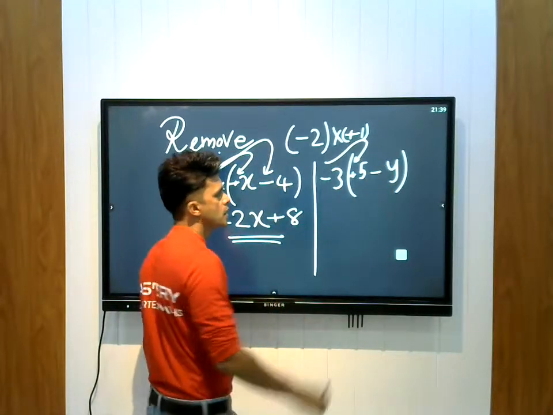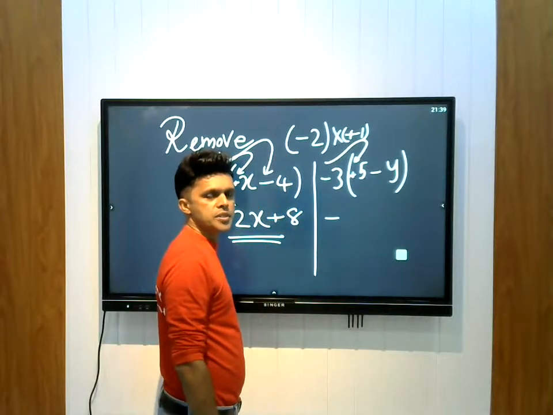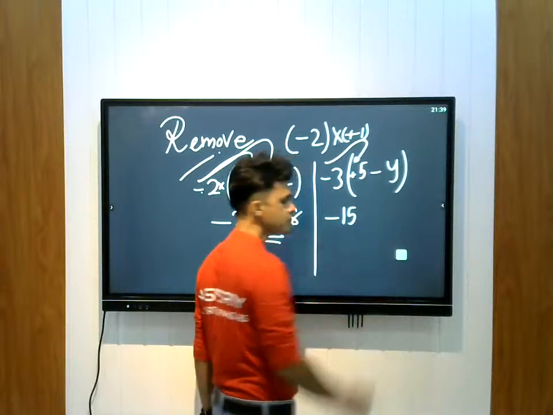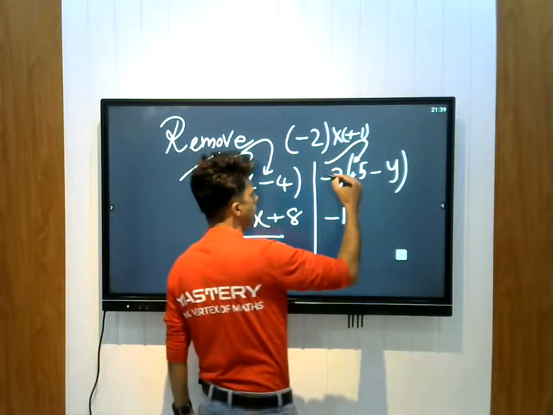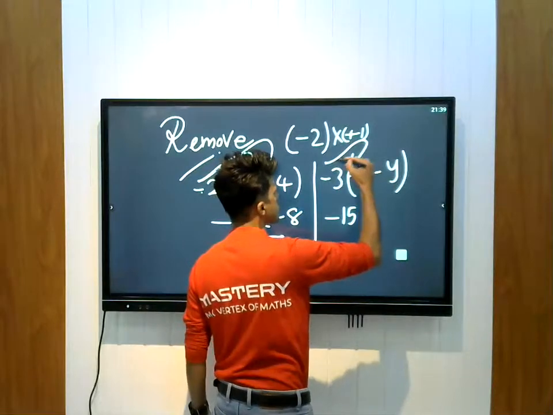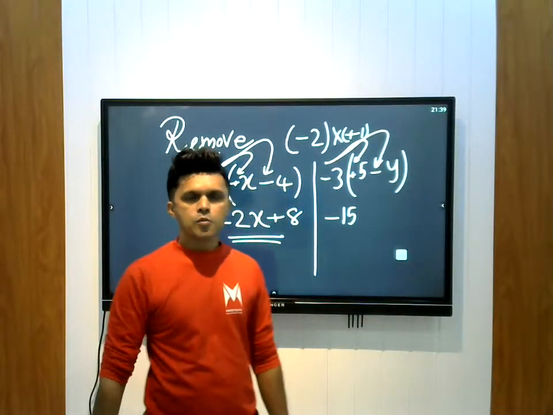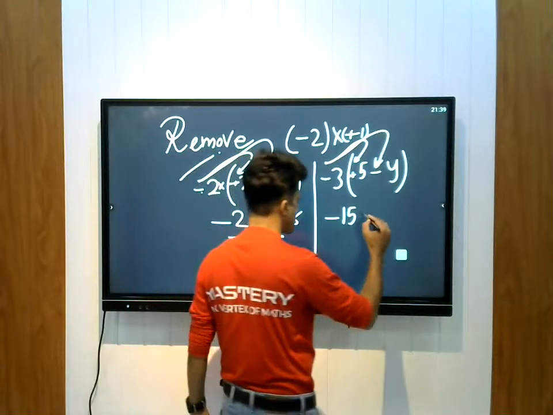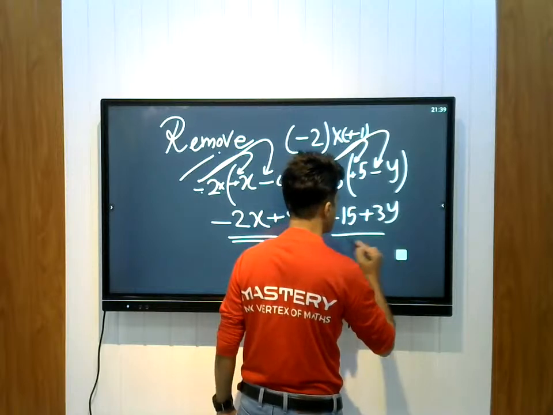Minus 3 times 5, 3 times 5 is 15. Here minus, here minus. Minus into minus is plus. 3 times y is 3y.